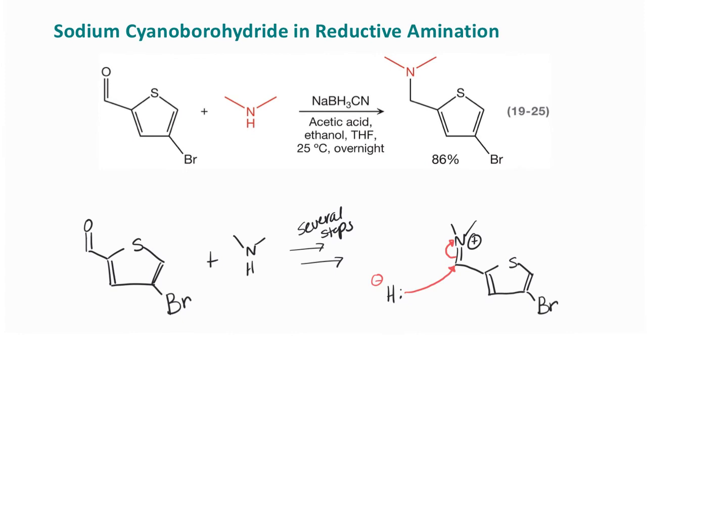And this is called an iminium ion, right? Because we have an imine, but now it's an ion. And so when we do this, it produces... I want to draw my bonds a little better here.